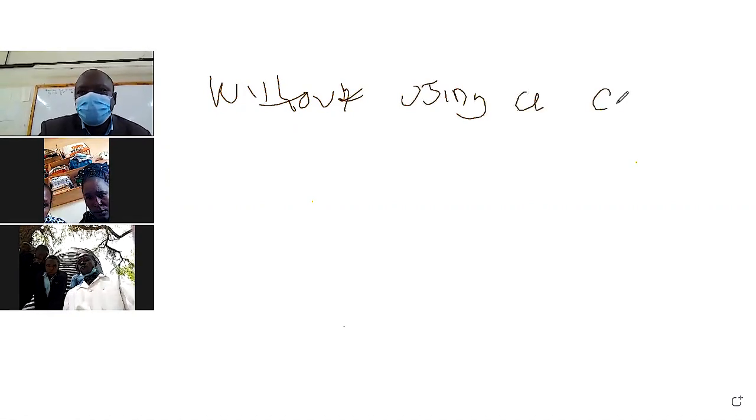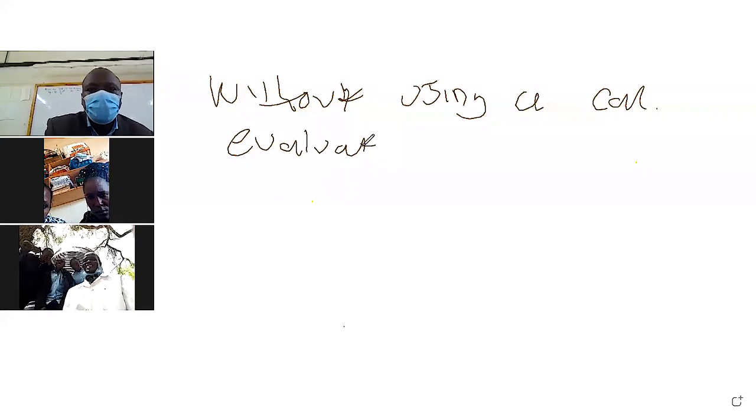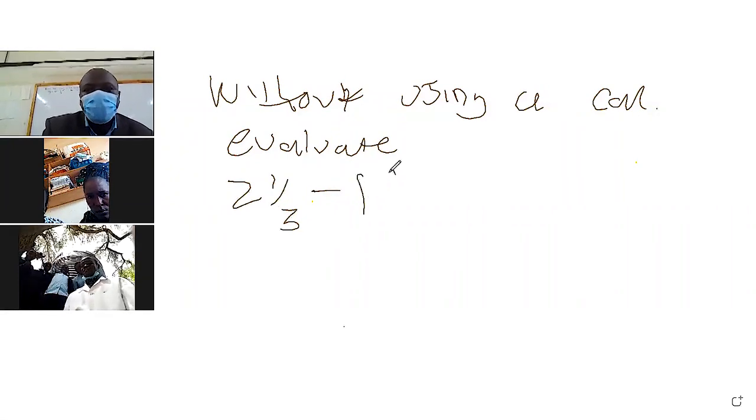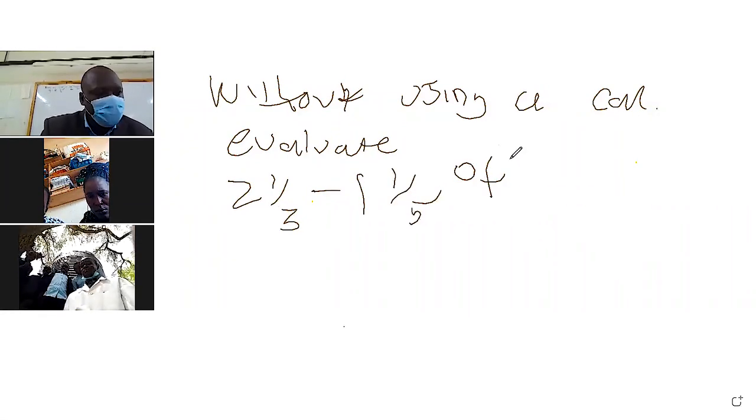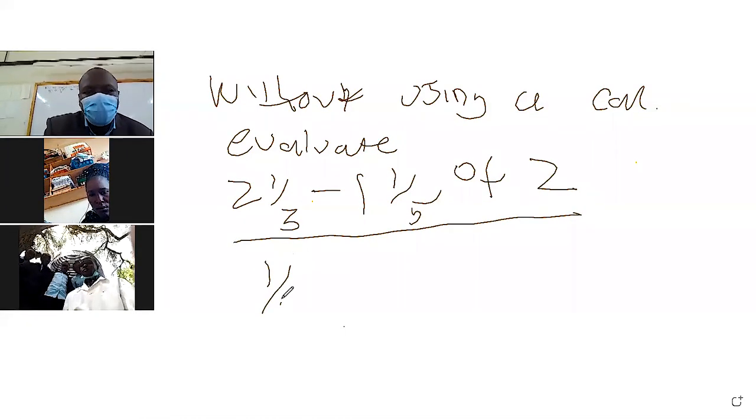You are told, without using a calculator, evaluate 2 1/3 minus 1 1/5 of 2, all this over a quarter minus negative a half cubed.